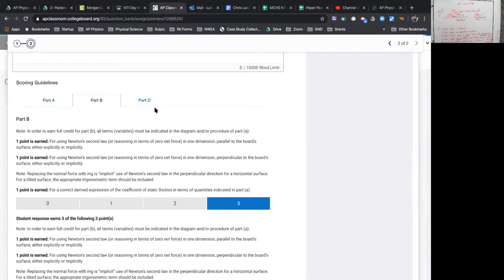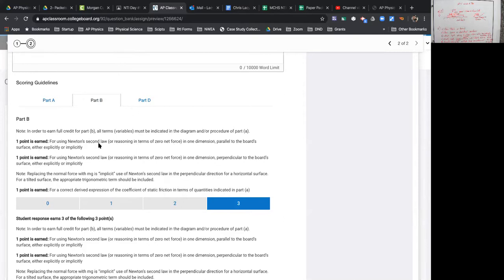Part B. All right, this is where I'm worried. Okay, in order to get full credit, all terms, all variables must be indicated in the diagram or in the procedure for part A. Oh, I don't know if I did that.